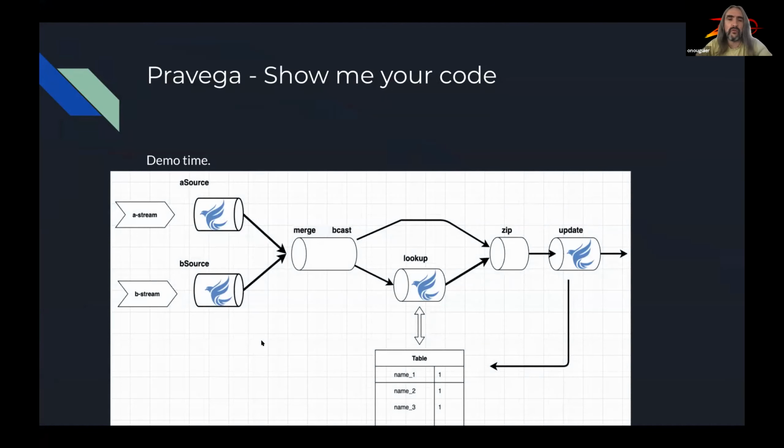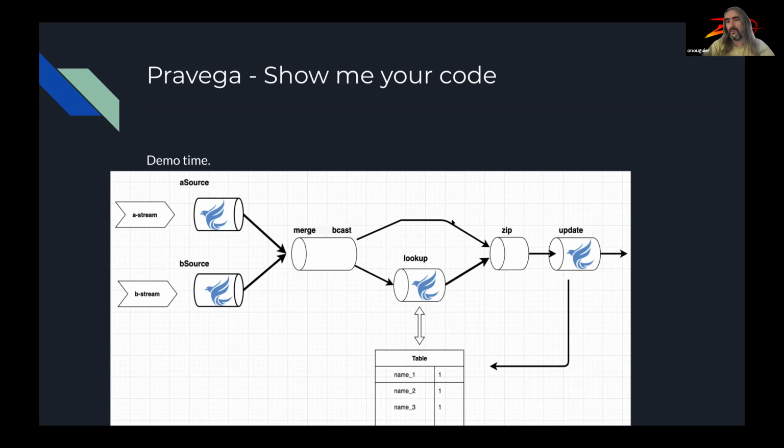And just to play a little bit with the Akka Stream API, I implemented this workflow. This time we have two streams, A and B. So two sources, and a merge component that merges the result of the two topics. After that, I broadcast into two pipes.